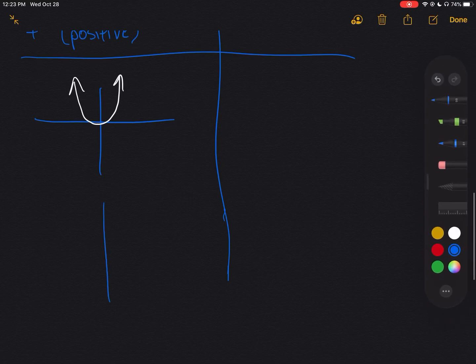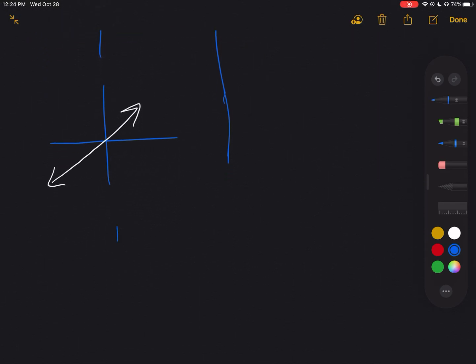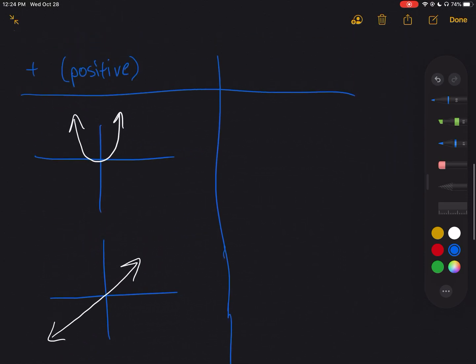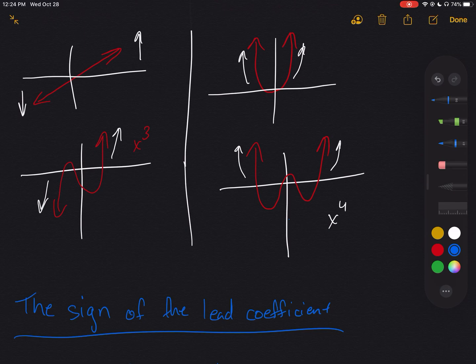It goes from negative to positive, something like that. That's the default position. Maybe in an x cubed, we've got something like that. But for even, the default position is opening up, right?